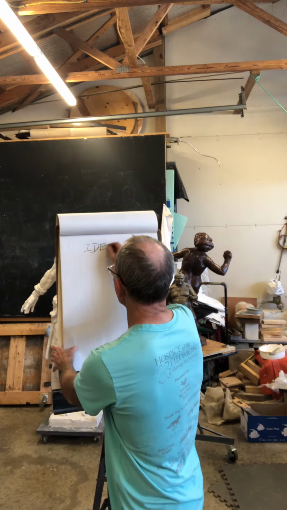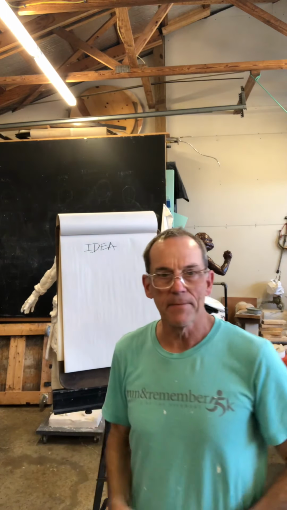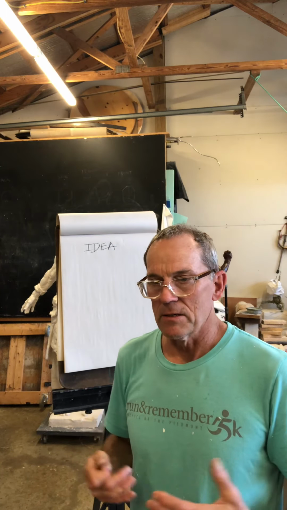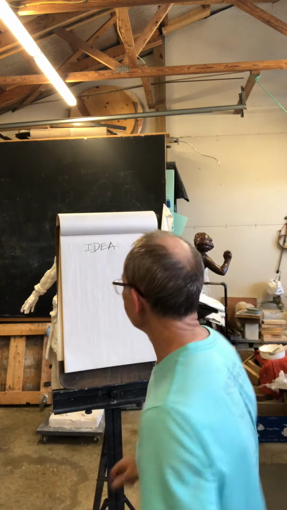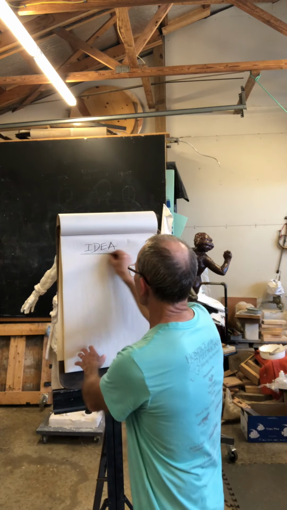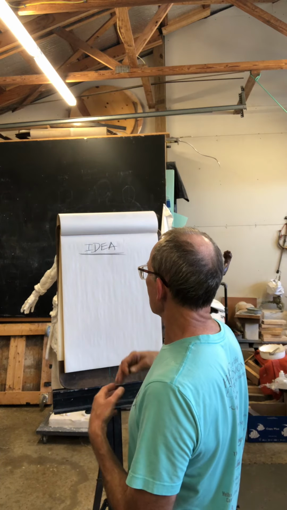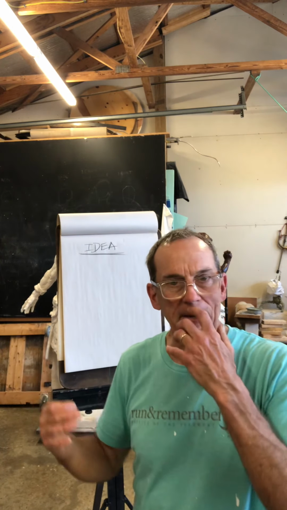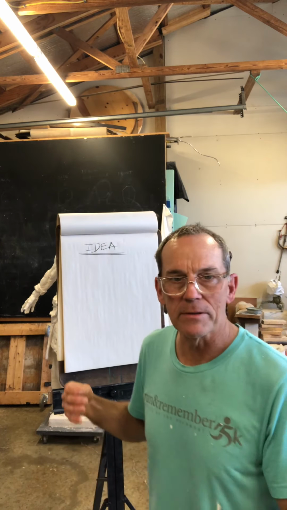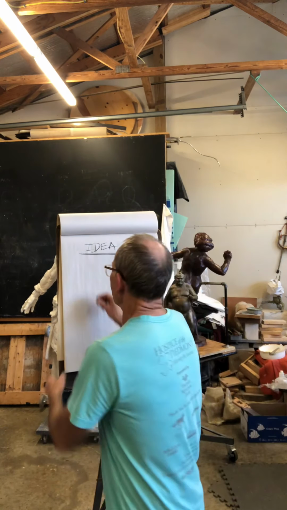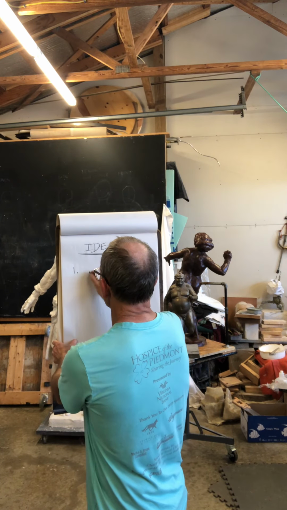We seek to express a particular idea that hopefully is intimately connected to us and how we see the world as individuals. In graphic terms, the idea can be broken down into three thoughts, I guess, about what we want to express. One is called subject matter.